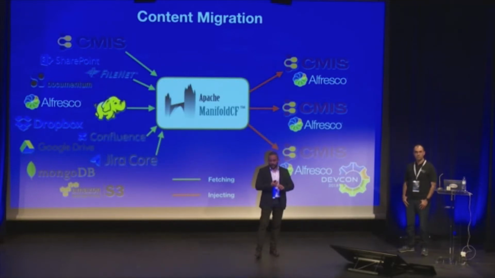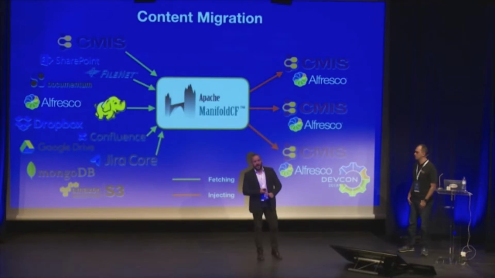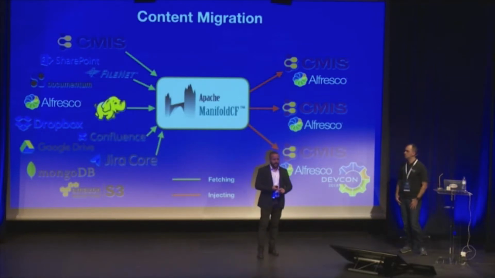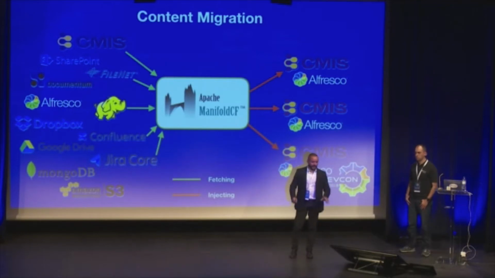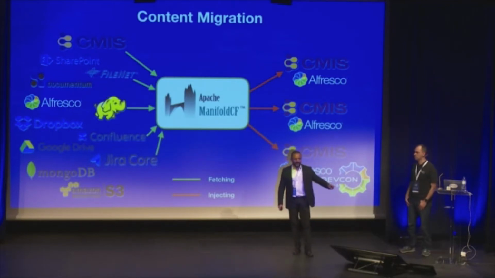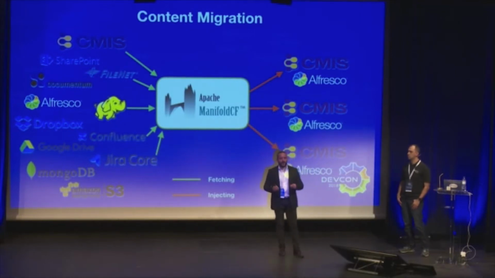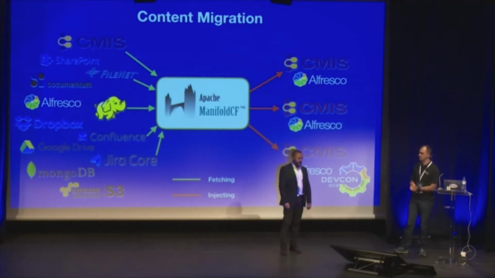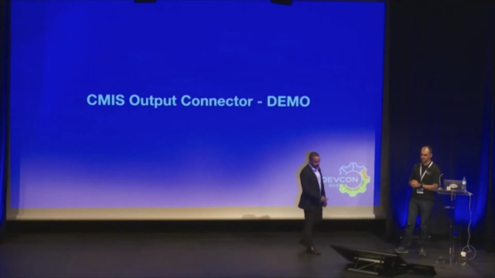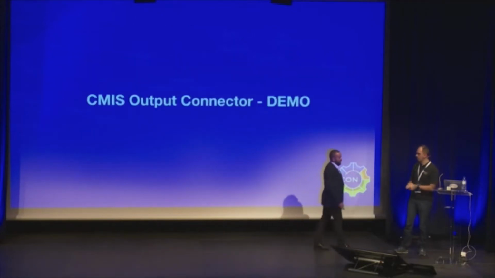They have some Documentum repositories. They can have SharePoint. They can have content spread all across the company. But with this set of input connectors, you can think about centralizing all your content in a repository that you can use as your main repository for the enterprise content. So that's our goal. So I'll pass it to PJ.